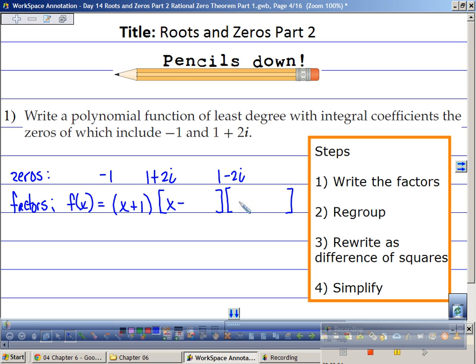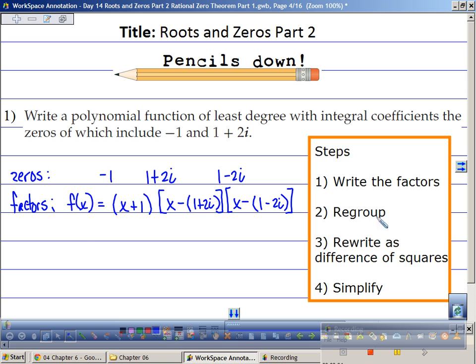It's going to be x minus and x minus, correct? x minus this whole thing, I'm going to put in parentheses: 1 plus 2i, 1 minus 2i. That's our first step. Write the factors.